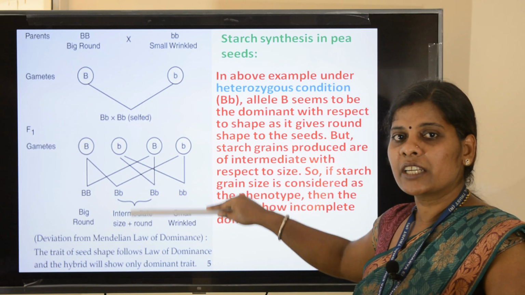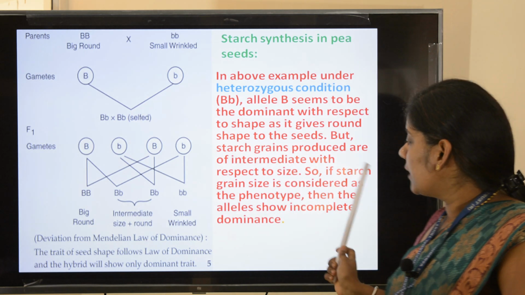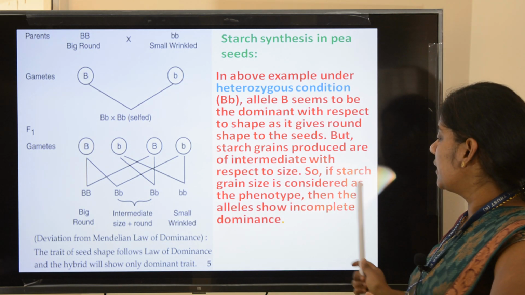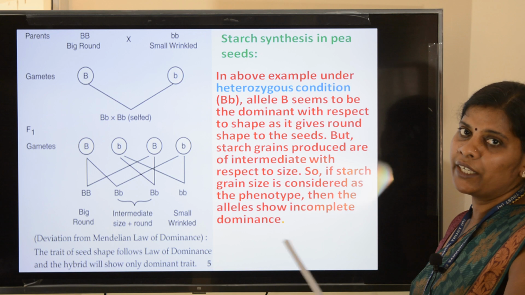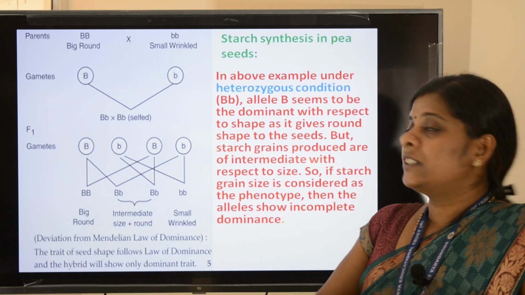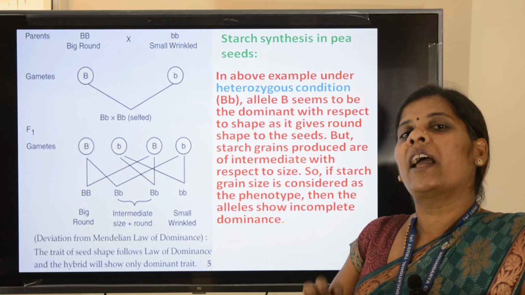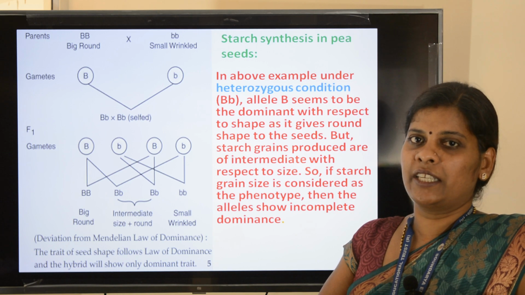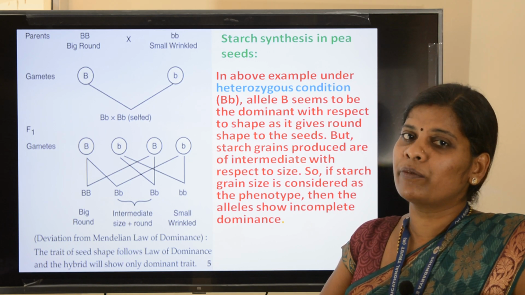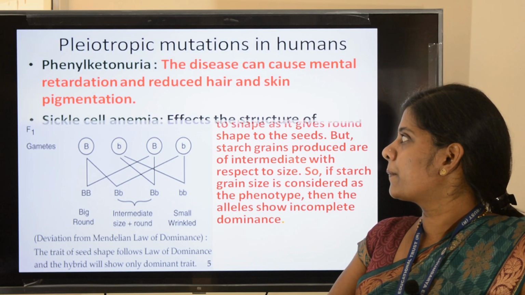Only starch grain size becomes intermediate. So in that case, starch grain synthesis shows incomplete dominance. Here the gene influences two characters, synthesis of starch as well as shape of the seed. One gene influences more than one character. The phenomenon is called pleiotropy.